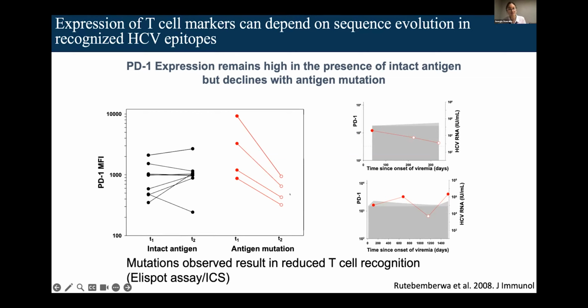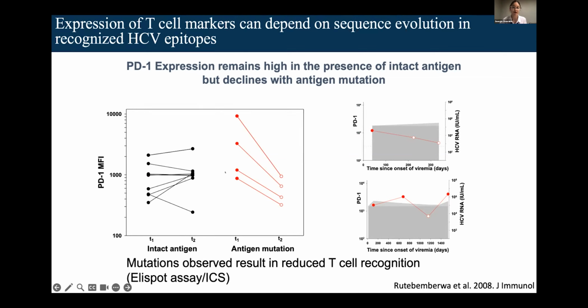However, if there is sequence evolution, you do see, for a given HCV infection, some antigen-specific T cells will actually decrease PD-1 MFI. So this all makes sense. If the TCR is not being engaged because the epitope has mutated, you obviously wouldn't see your typical activation markers like acute PD-1 expression or CTLA-4, GLUT1.